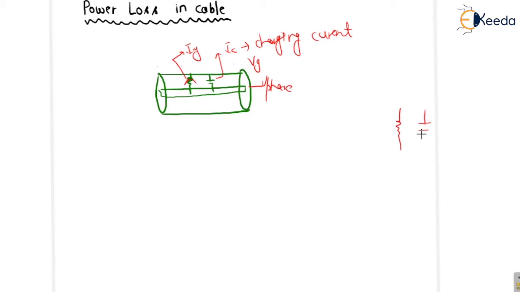This is the conductor and this is the voltage, VPH. From the conductor the total current will be IC and this will be IG.